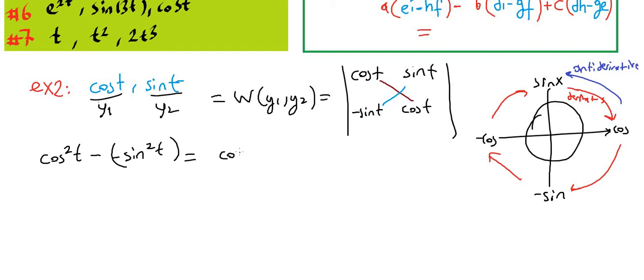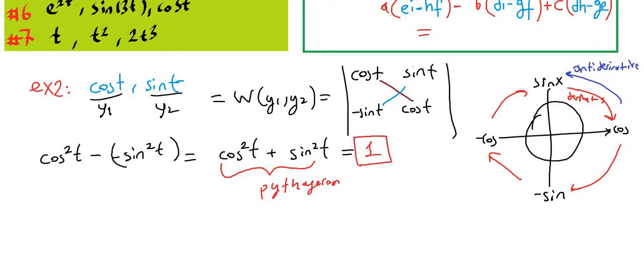And this is going to be cosine squared of t plus sine squared of t. We remember from the Pythagorean identity that this is equal to 1. So our answer is 1, our Wronskian is 1, and 1 is not equal to 0, so our functions are linearly independent.